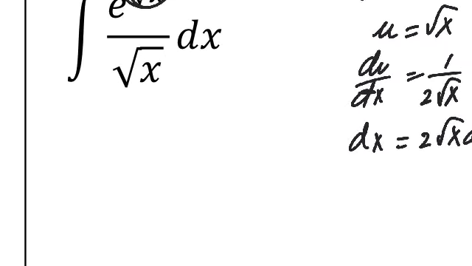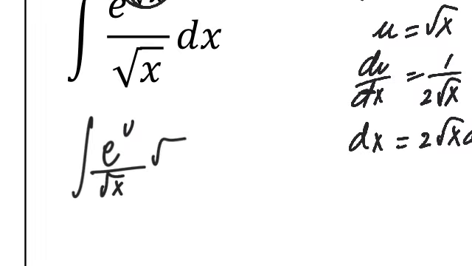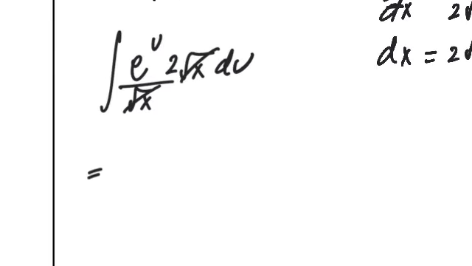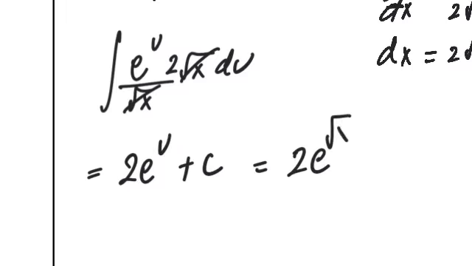Let's come back in here and rewrite the integral of e to the u over root x times 2 root x du. Root x's go away. The antiderivative of 2e to the u is 2e to the u plus c, and replacing my u with root x, I have my final answer.